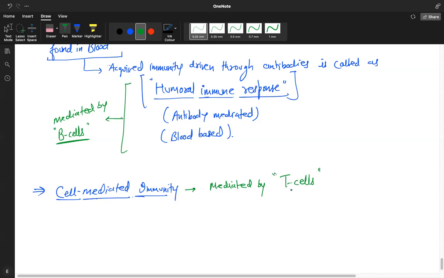Is it clear? So B cells give rise to humoral immune response or humoral immunity, and T cells give rise to cell mediated immunity. Now what happens basically, how can we see that there is a cell mediated immunity?